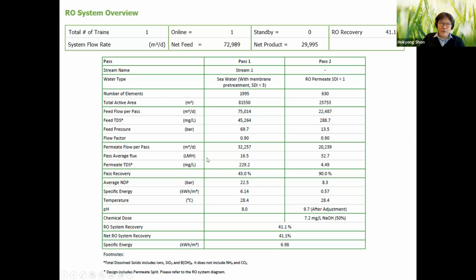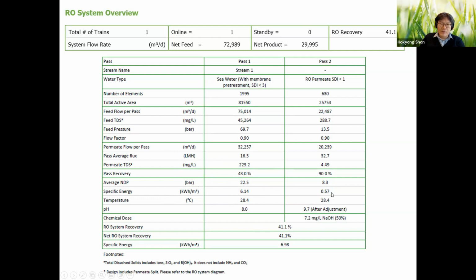And then permeate water flux, average water flux, and the specific energy we need around 6.15, which is not considering a pressure exchanger. So you can consider pressure exchanger 50%, 60% based on your value.